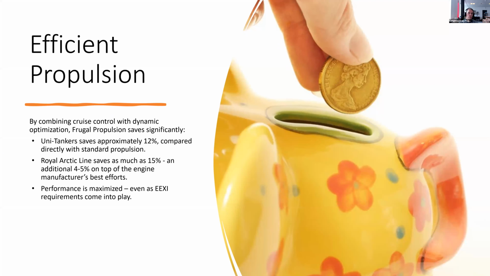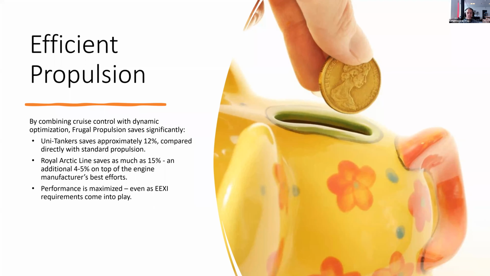And you actually have similar opportunities on vessels with controllable pitch propellers. So why would you bother, you might ask? As Carl introduced, there is quite a bit of money to be saved here, because Unitankers saves approximately 12% fuel on the vessels that we've deployed Frugal Propulsion on so far, which is 2, with a third one being sort of in the works, and some more coming.